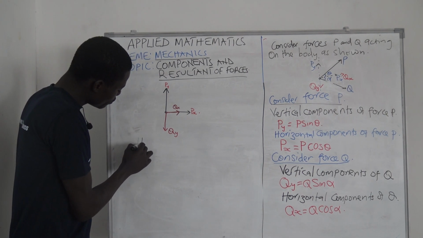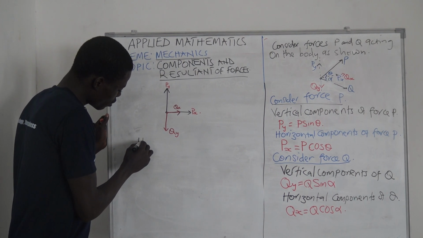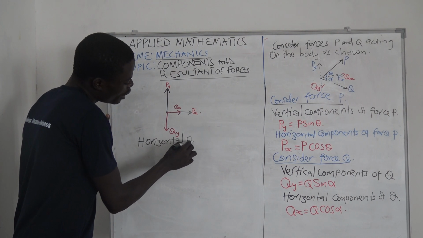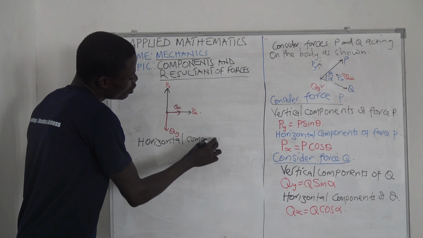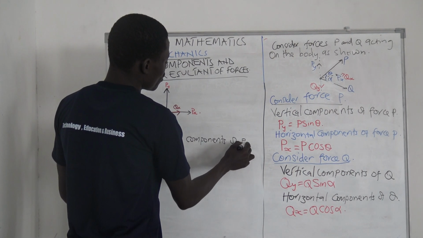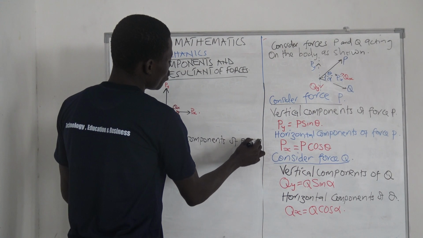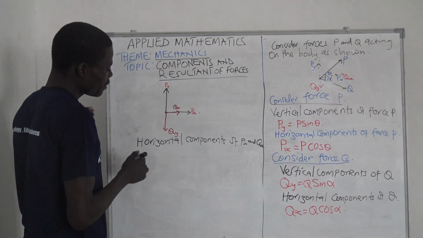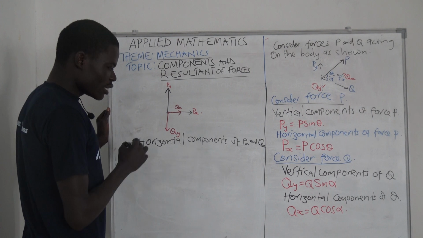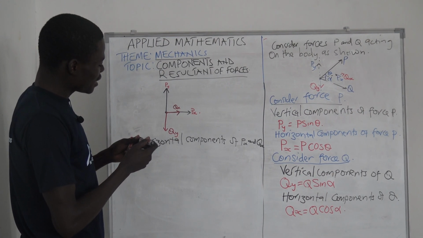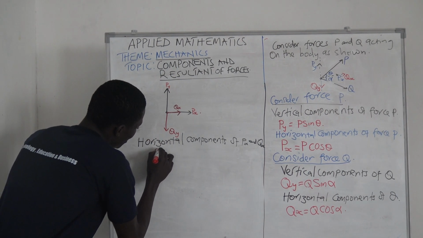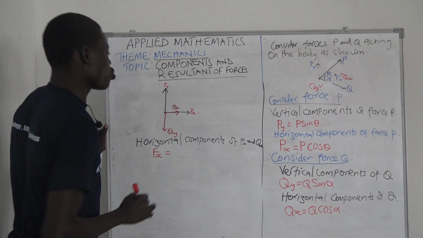The horizontal components of P and Q, Px and Qx, since they are forces, let us call the resultant Fx.